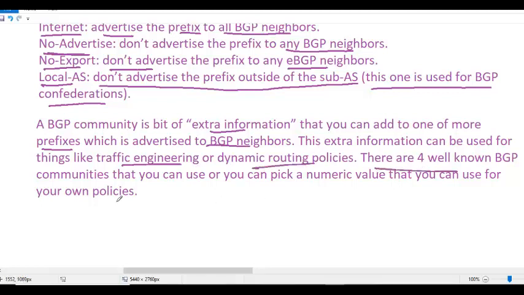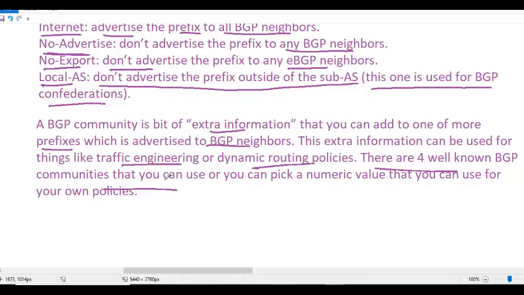So BGP community, what is my definition? BGP community is additional or extra information, like a numerical tag that you add to one or more prefixes so that those prefixes can be identified with one tag, one number, to which I can add attributes for policy-based routing.